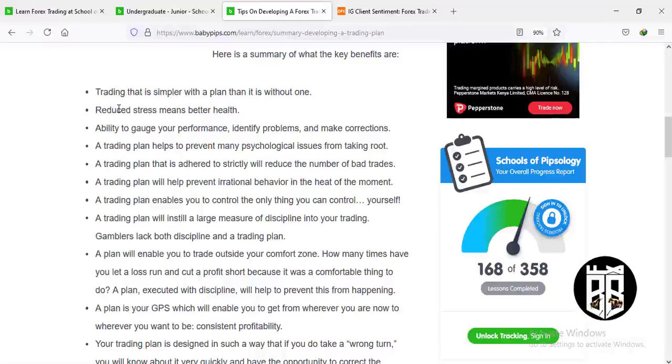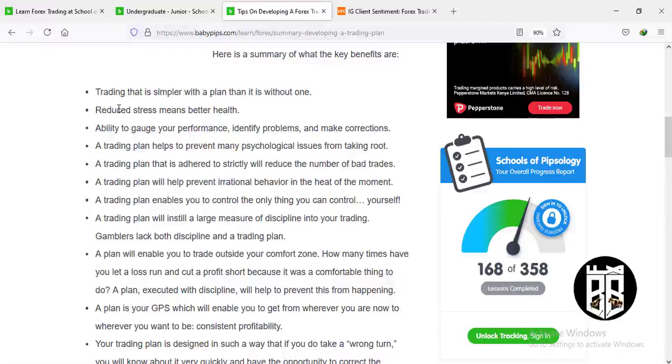A trading plan helps to prevent many psychological issues from taking root. A trading plan that is followed strictly will reduce the number of bad trades. It will also help prevent irrational behavior in the heat of the moment, enable you to control the only thing you can control, yourself, and instill a large measure of discipline into your trading.